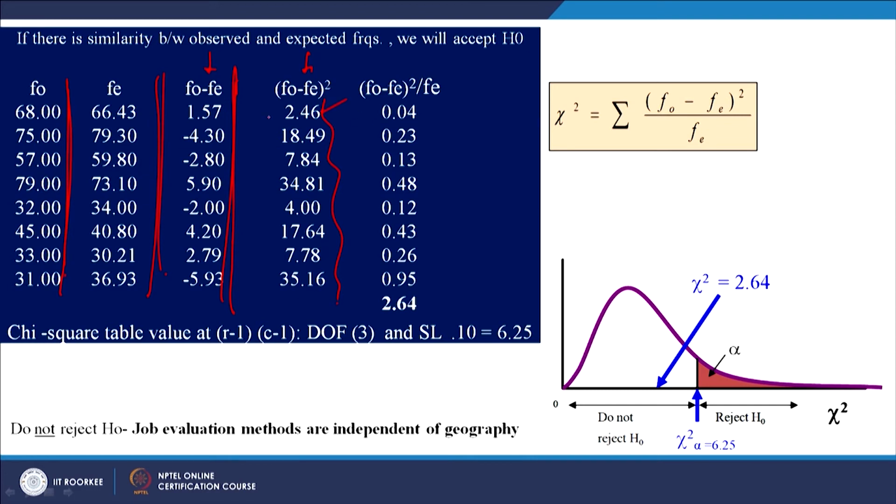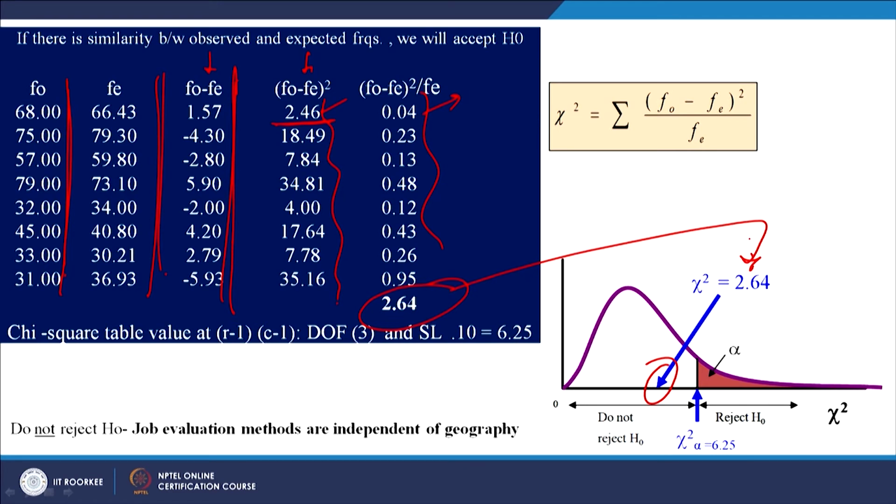So, let us look at this: 2.46 divided by 66.43, you will get 0.04 and so on. When you take the sum of this, it is 2.64. So, the calculated chi-square statistic is 2.64.